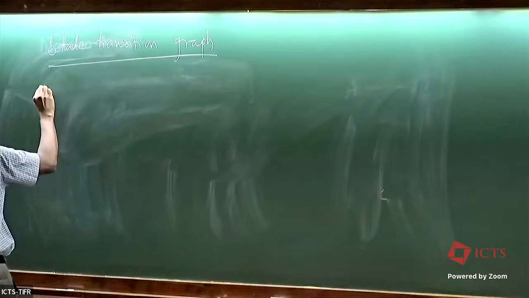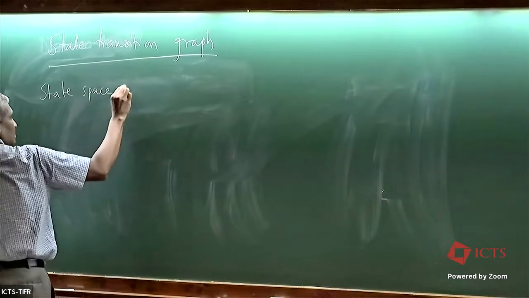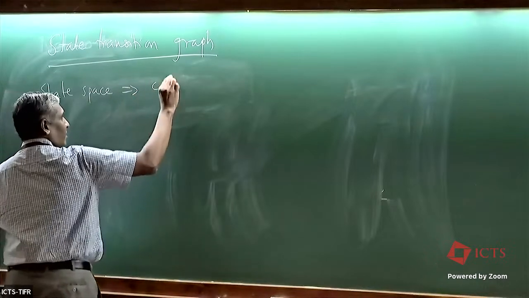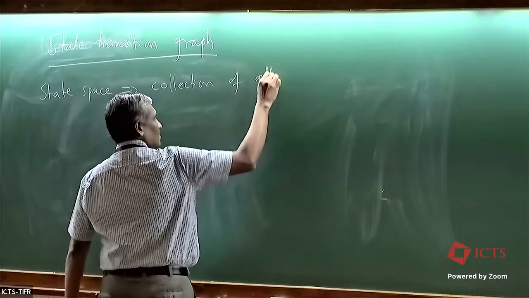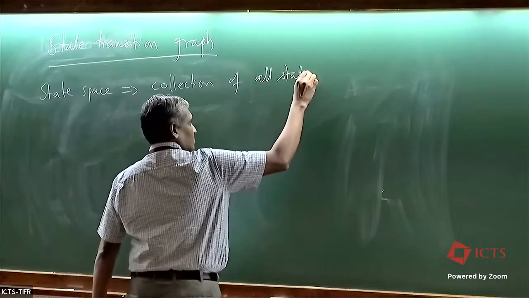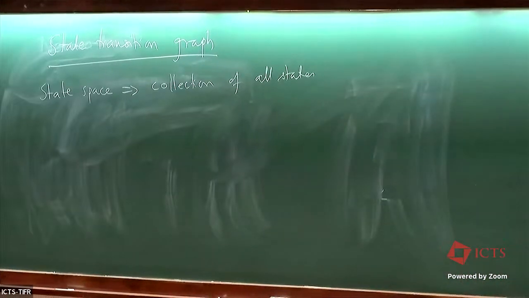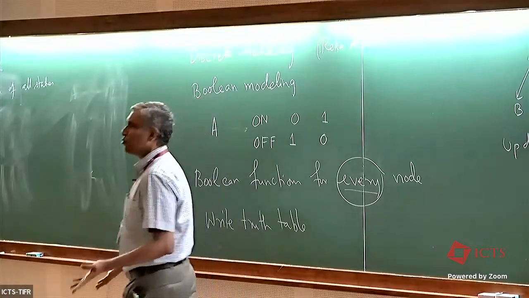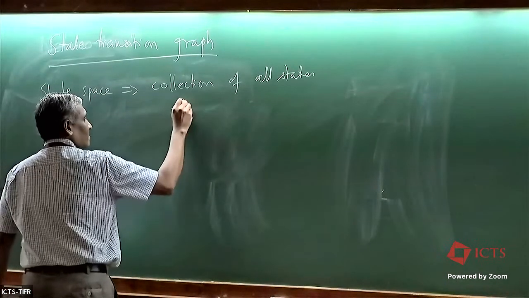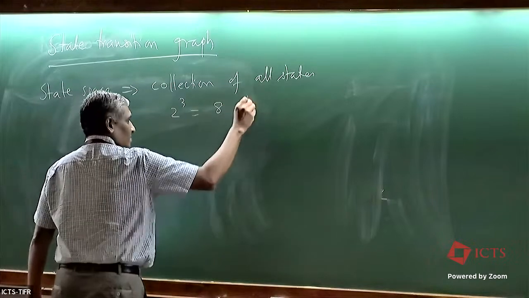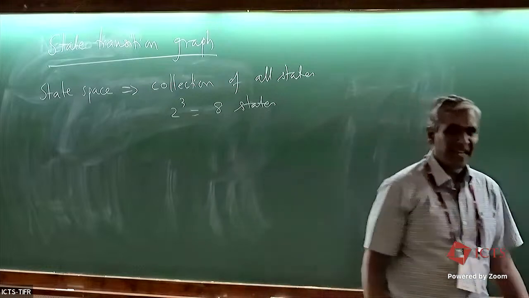So the state space is just a collection of all the states. Here, the network has 3 nodes, so the maximum possible number of states is 2 cubed, which is 8. So the dimension of the state space is 8.